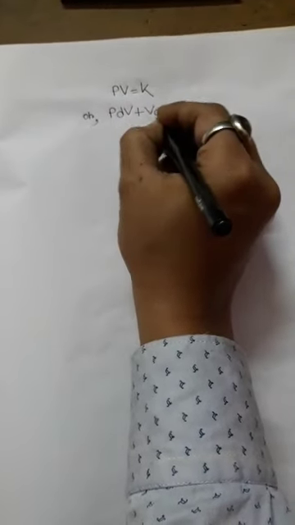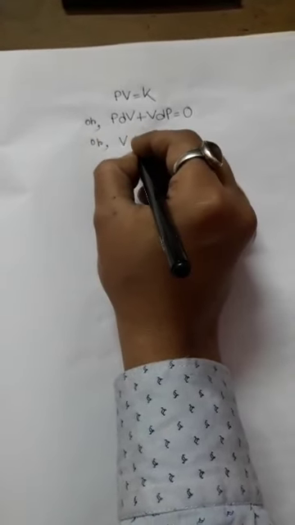We know that in the case of an isothermal process, Boyle's law is valid. That means PV equals constant. If we differentiate this, then we get P dV plus V dP equal to 0. So from here we get V dP equal to minus P dV.